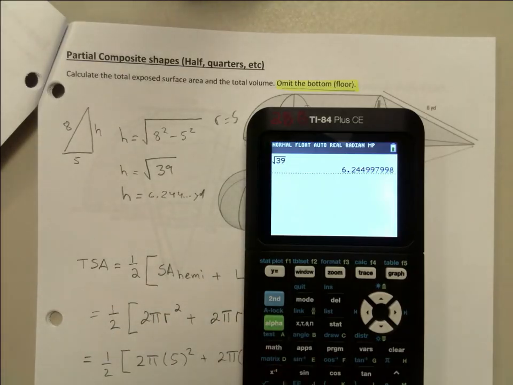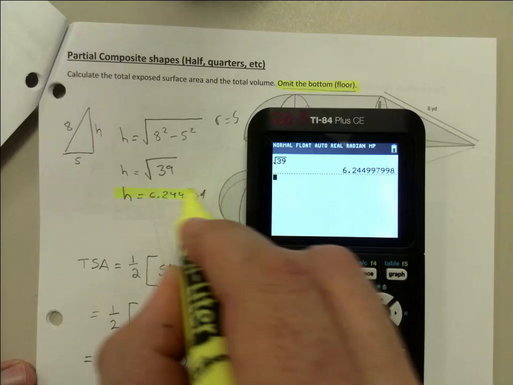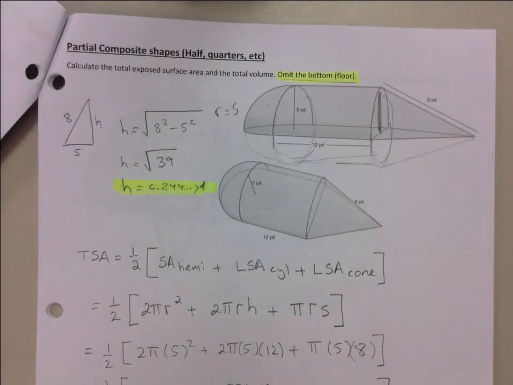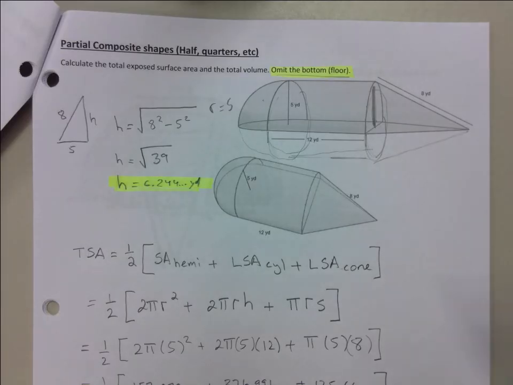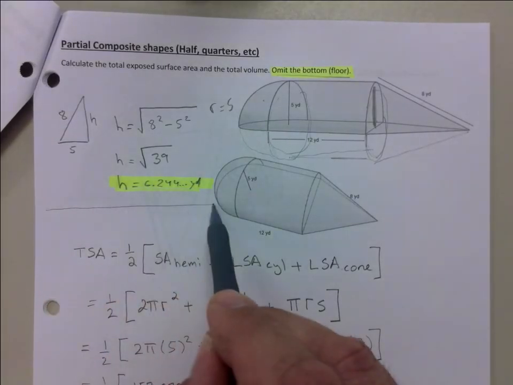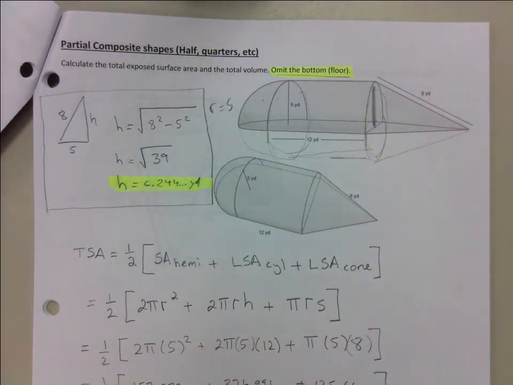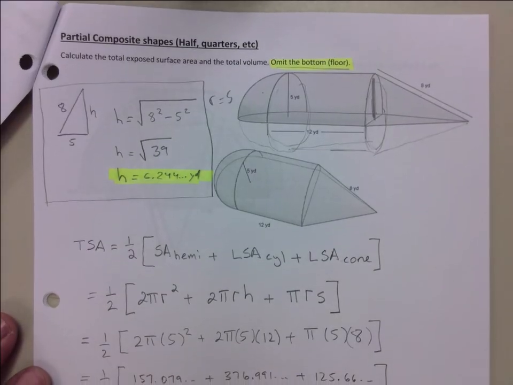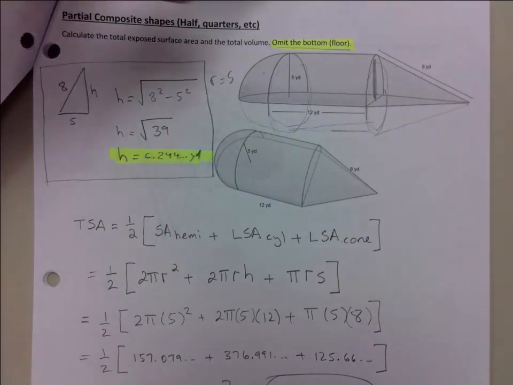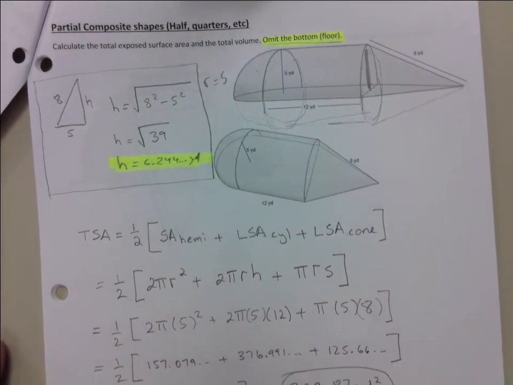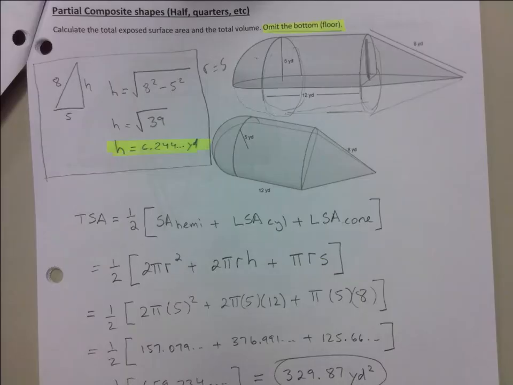Let's highlight that one. Leave it on your calculator. If you want to box this in, that's probably a good idea. You can kind of tell that this is an aside. 6.244. Another thing about my videos, if I'm a little too fast at times, you can go back and just make sure you got it right.